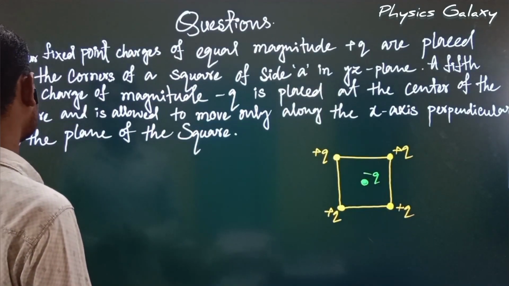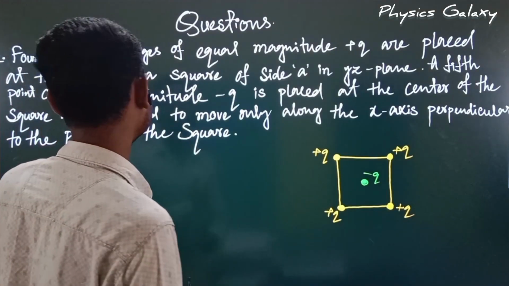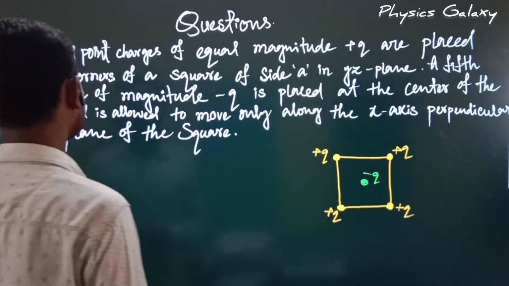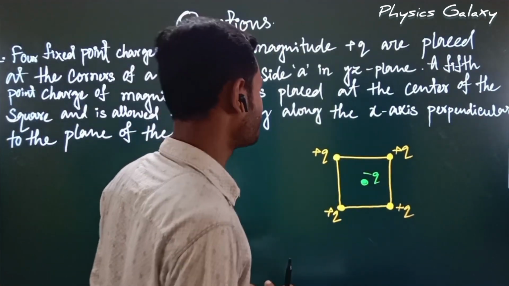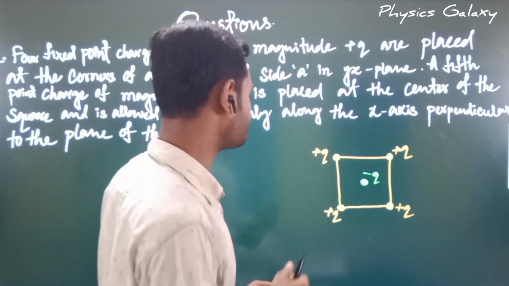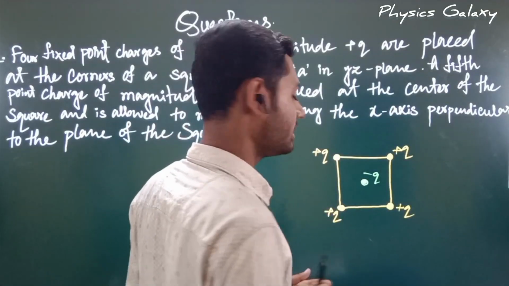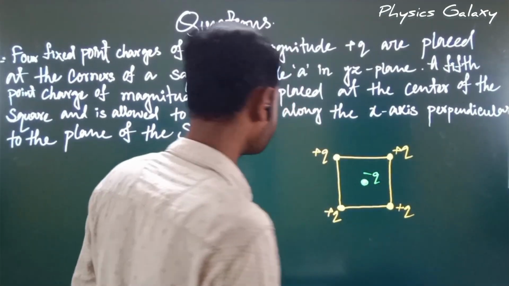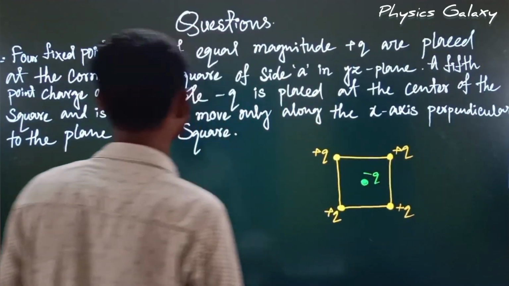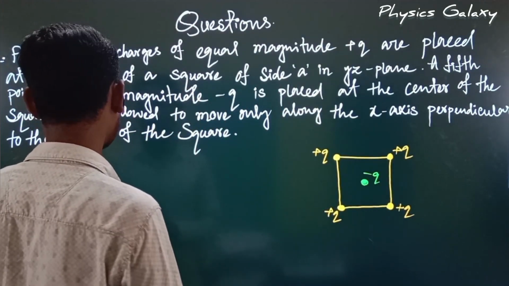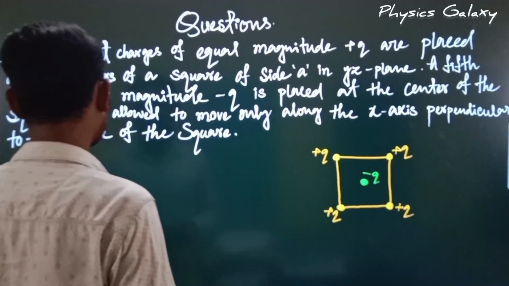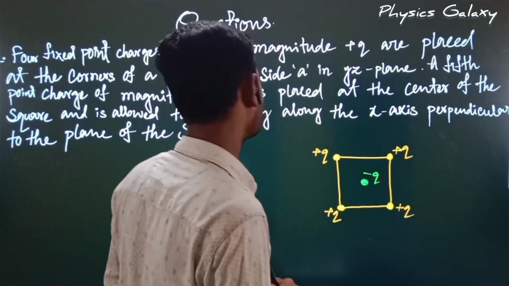There are four fixed point charges of equal magnitude plus q placed at the corners of a square of side A. There are four plus q charges of equal magnitude and the same mass, placed at the corners of a square of side A.